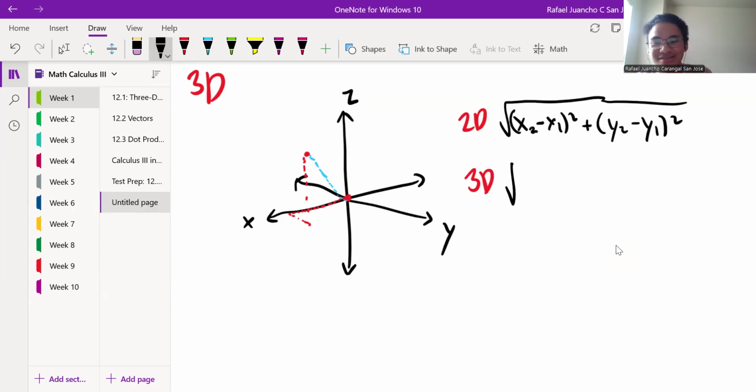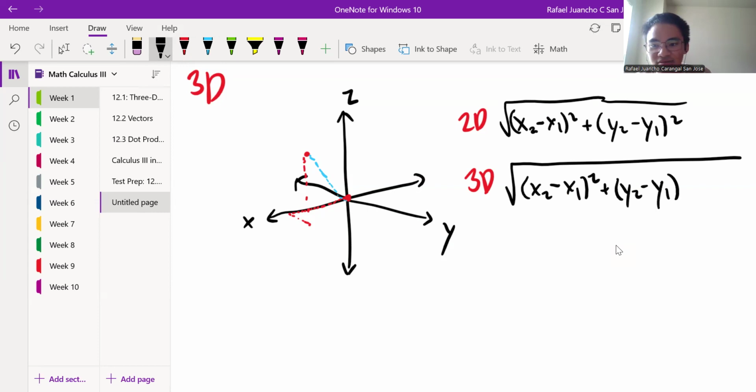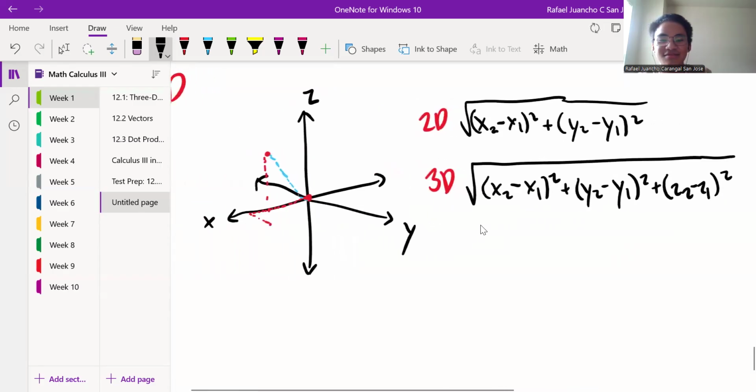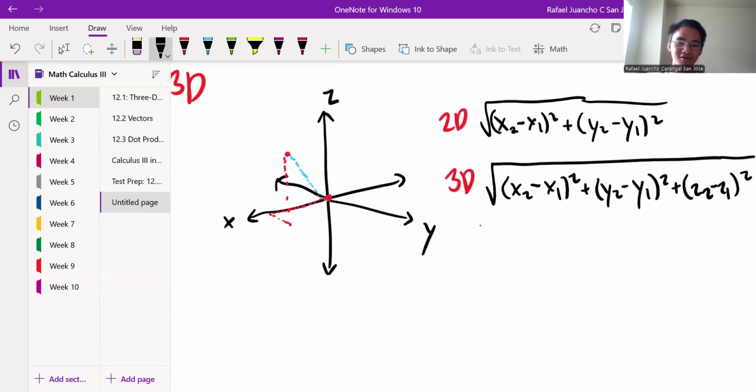So when we add a z, it's x2 minus x1, y2 minus y1, z2 minus z1. That's the only difference. That's the formula.